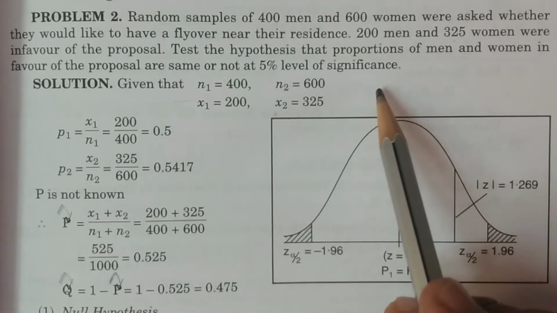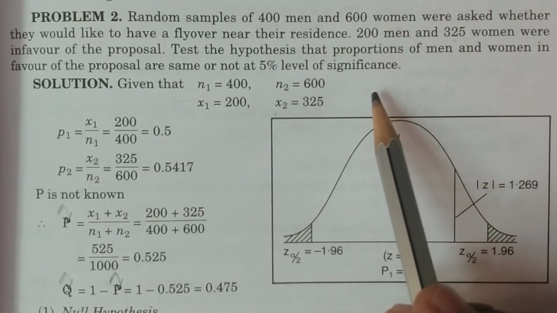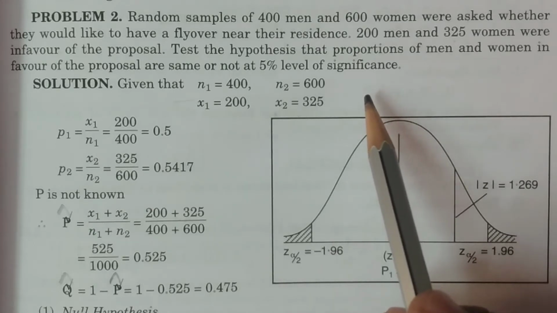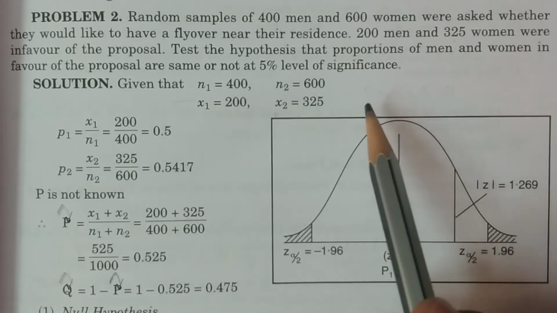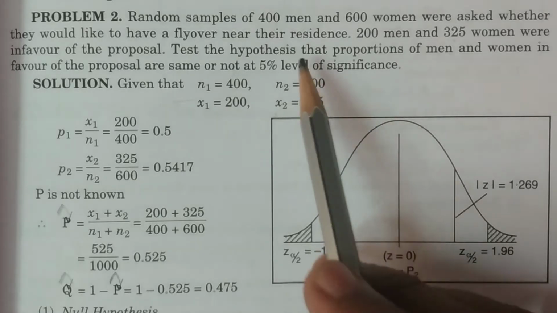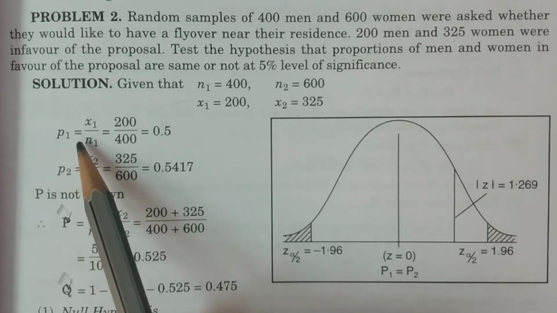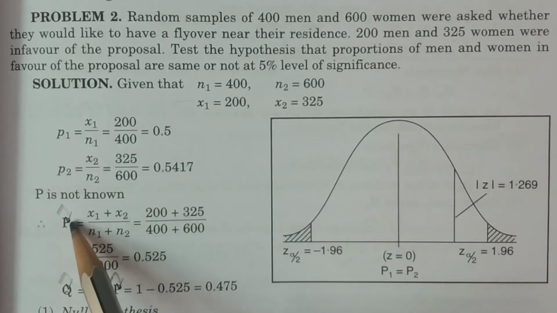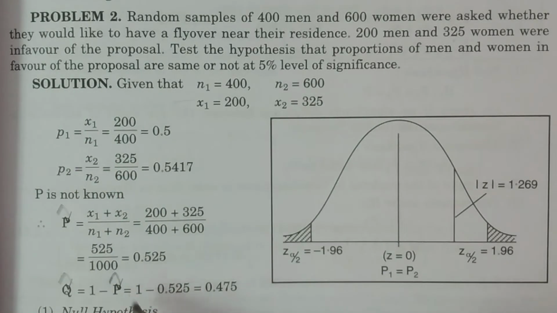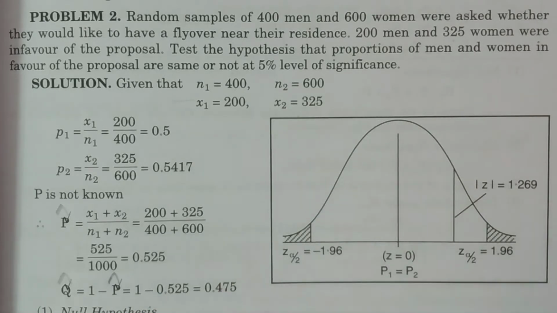So it is a direct question, and hence we can easily consider the null and alternative hypotheses. After calculating small p1, small p2, and capital P cron, capital Q cron, you have to write the null hypothesis, all the 4 points.